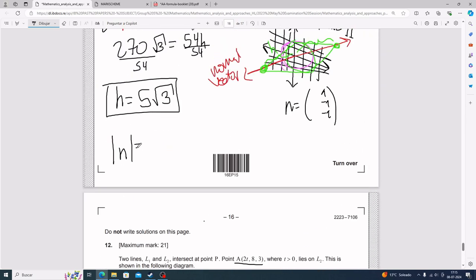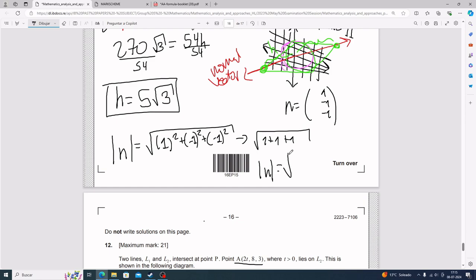That means that the magnitude of n is going to be the square root of 1 squared plus -1 squared plus -1 squared. And so you're quickly going to realize that really this is just 1 plus 1 plus 1. So magnitude of n equals square root 3.